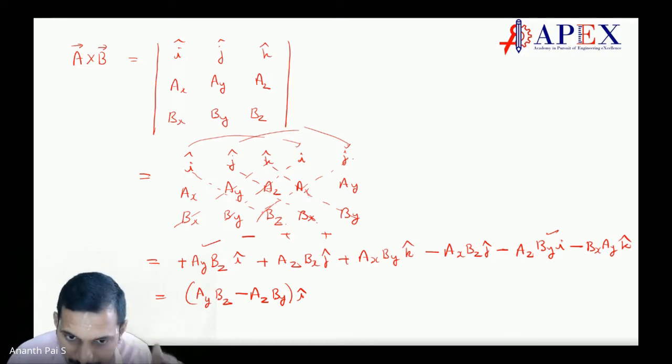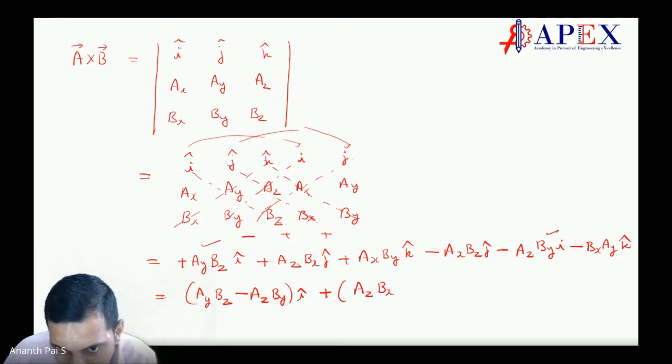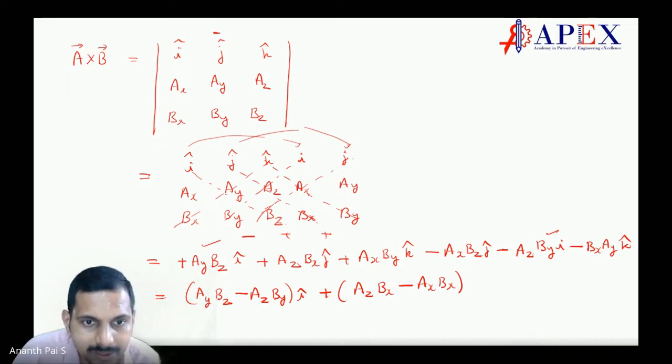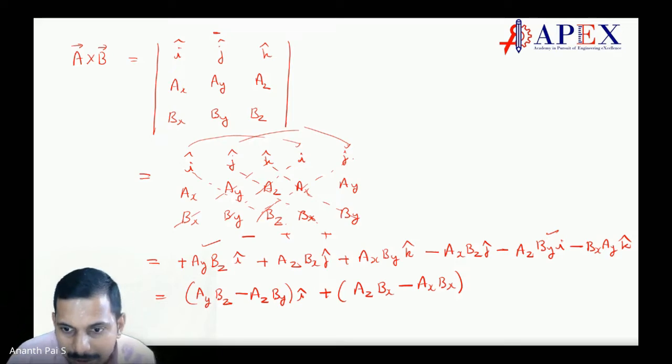Then we will get plus, let us take J. J is coming as AZ BX minus AX BZ. Generally we put a minus here. Sorry, here I made a mistake, I suppose.